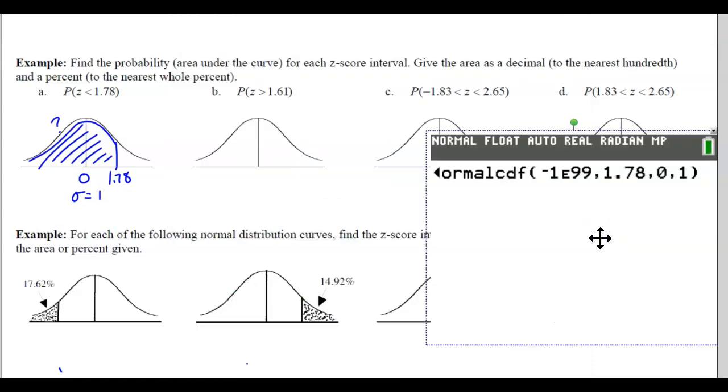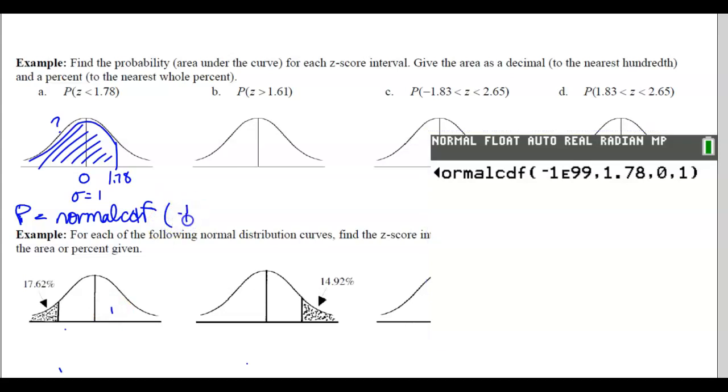So I'm going to write, the probability equals normal CDF of -1 times 10 to the 99, or you can put E. I put in scientific notation, but that's messy.